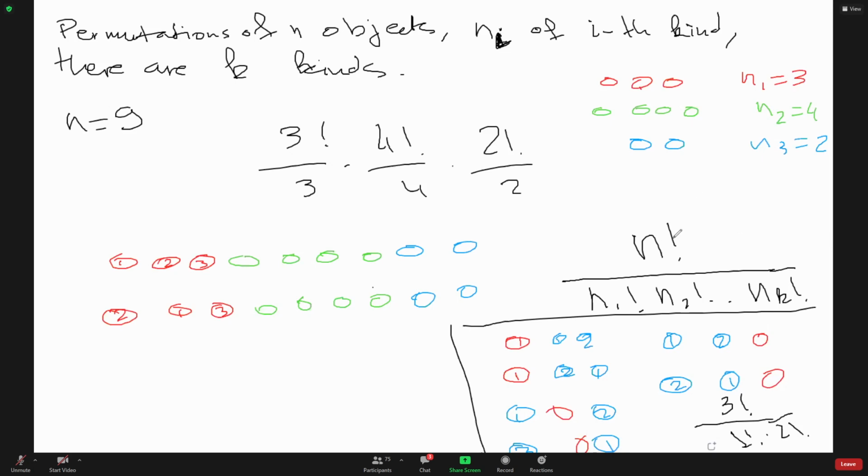So this is the number of permutations where we have n1 objects, ..., ni objects of the i-th kind, if we cannot distinguish between objects within the same kind. Is it clear to everyone?